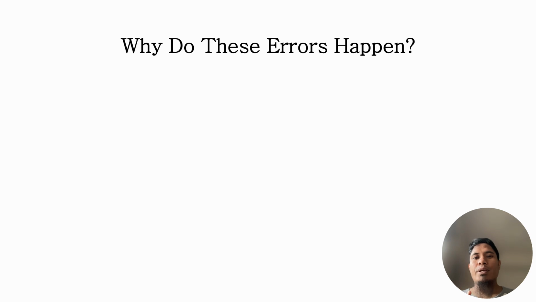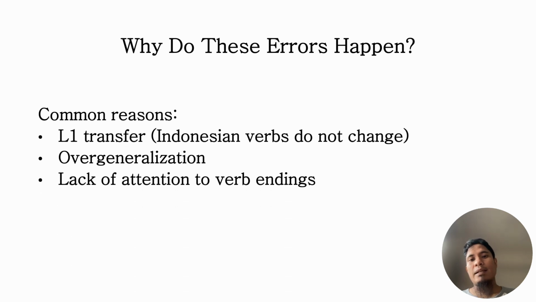So why do learners make these kinds of errors? One of the major reasons is language transfer from their first language. In Bahasa Indonesia, for example, verbs usually do not change depending on the subject.